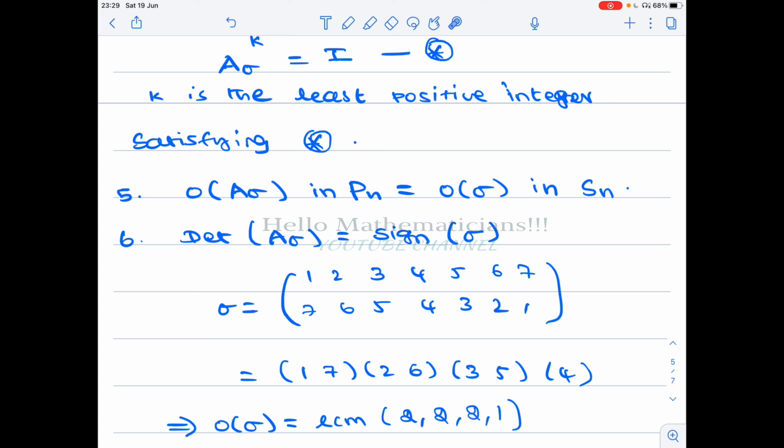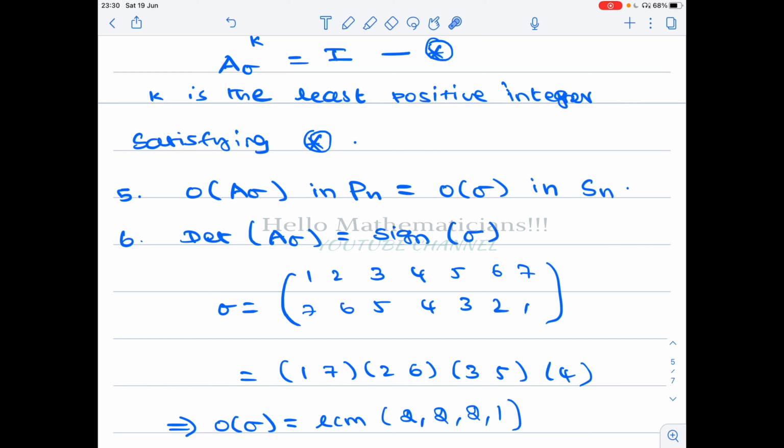All these results are given in one of my videos regarding permutation matrices, whose link is given in the description, so please check that. Again, all the results we are telling here regarding permutation matrices are there, and the determinant of A sigma is equal to the sign of sigma.